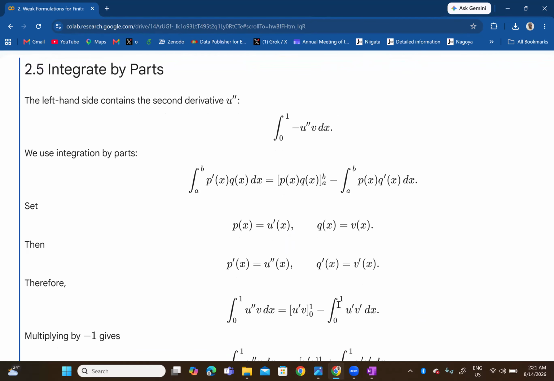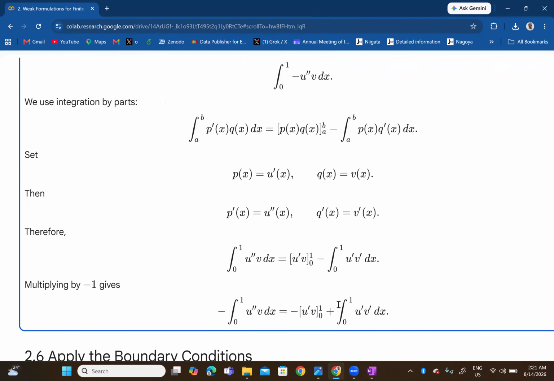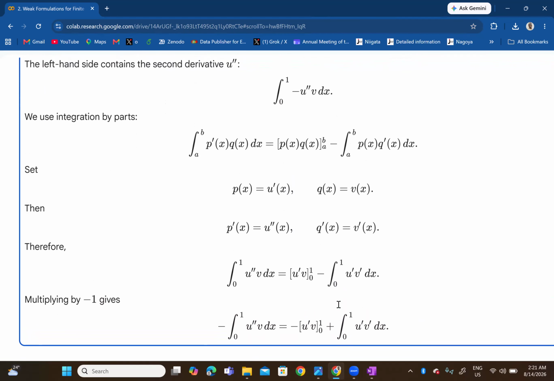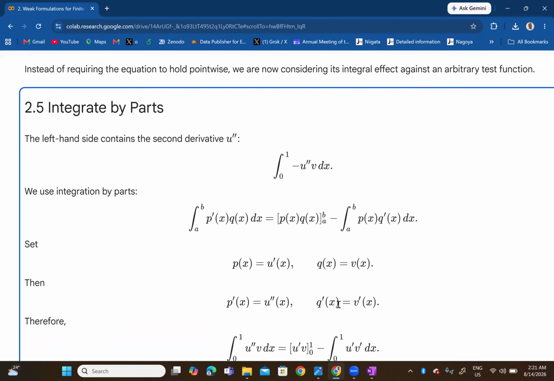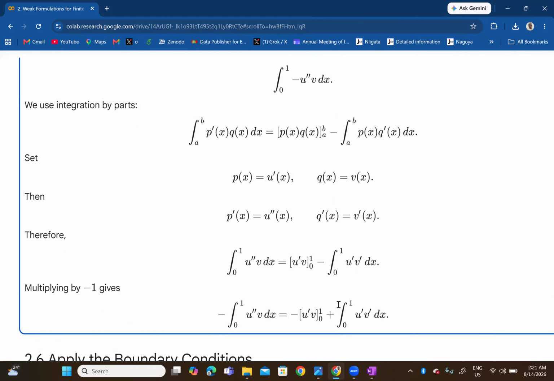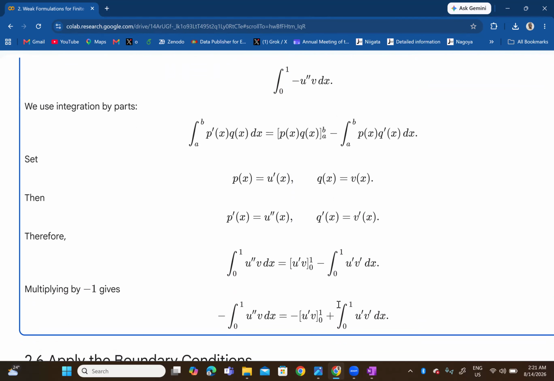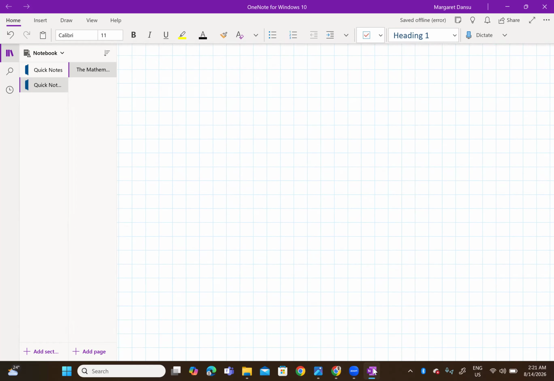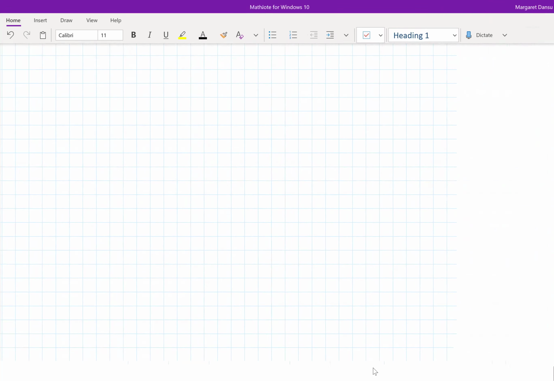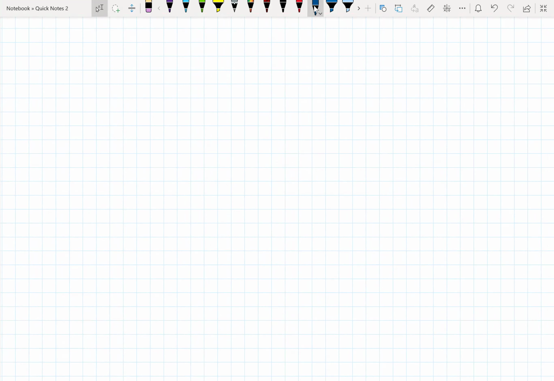If I'm going to do it in another way, for the left hand side I have the integral from 0 to 1. If you don't want to follow that idea, we have the integral of u prime prime v dx, and we need to integrate this by parts.